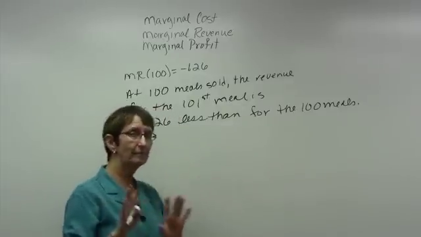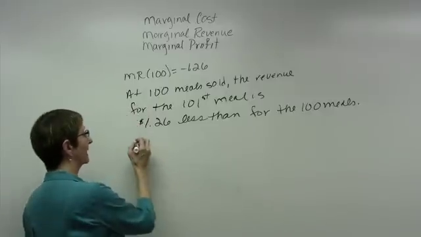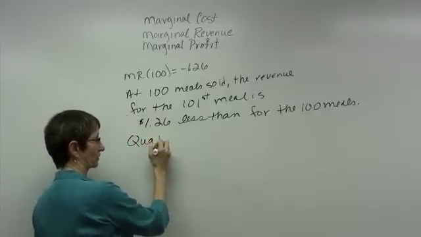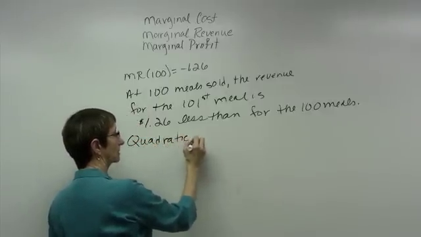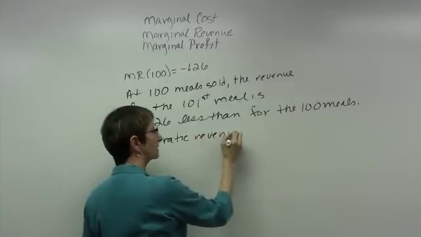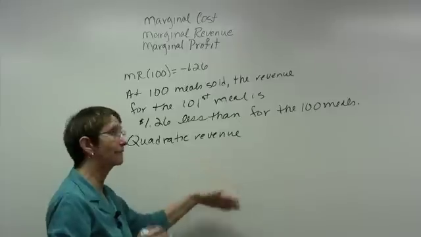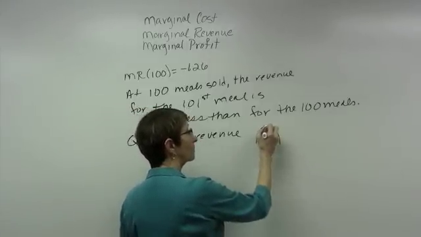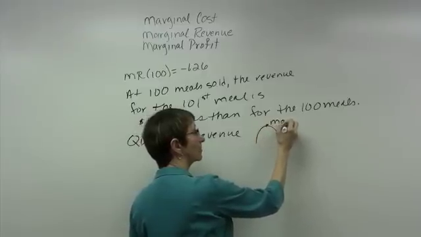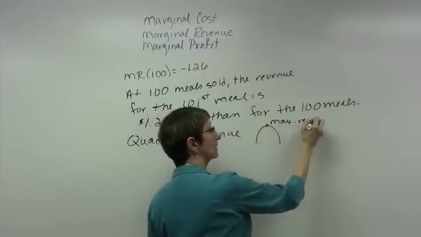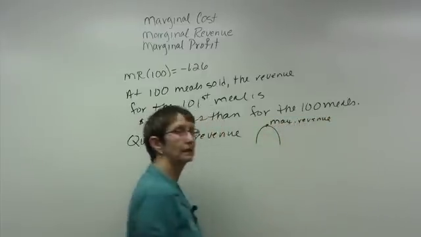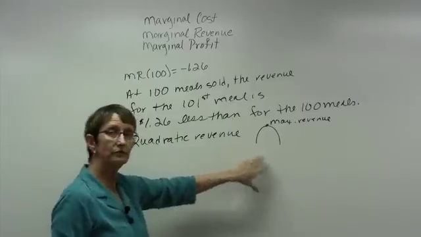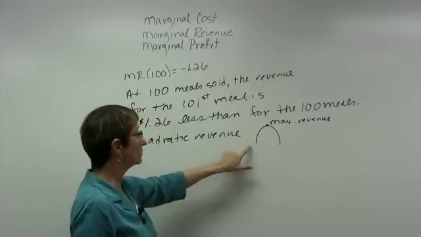Now think about it for a minute. If we have a quadratic revenue function, one of those whose graph is a parabola that opens down, remember that there is a maximum revenue. That's the vertex of the parabola. So the revenue function, as it's graphed, revenue increases.